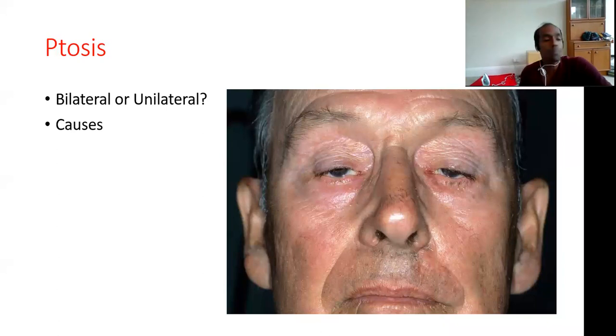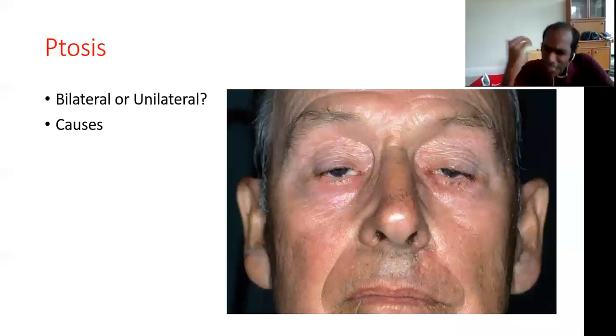The ptosis is basically either due to a third nerve lesion or a lesion of the sympathetic nervous system. A third nerve lesion could be in the third nerve itself along the pathway, or in the muscle, or in the neuromuscular junction.